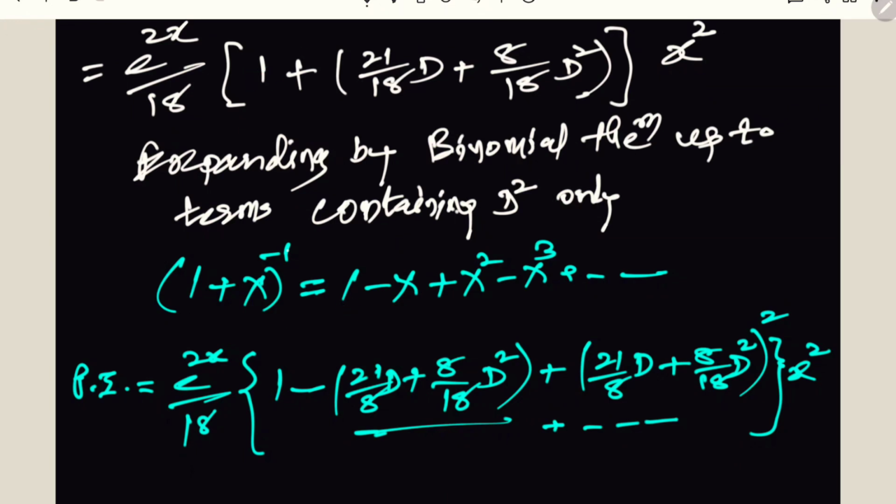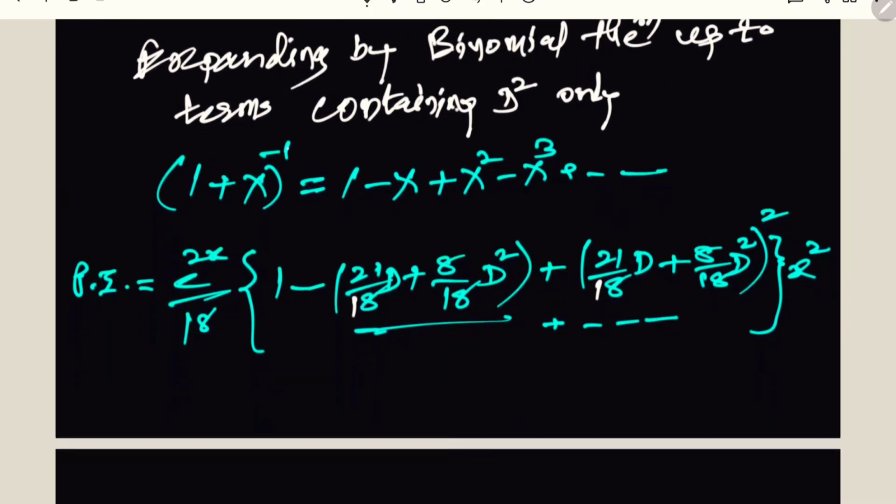First term is 1, next is minus x, means minus in bracket 21 by 18 d plus 8 by 18 d square, then square of it, therefore it becomes 21 by 18 d plus 8 by 18 d square, and this square of that bracket, and so on.